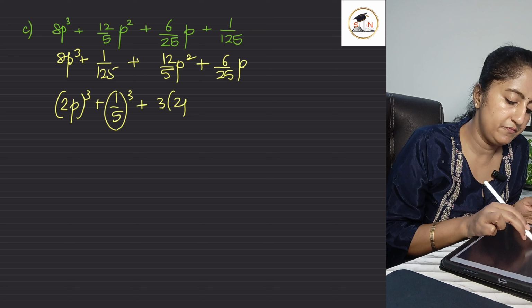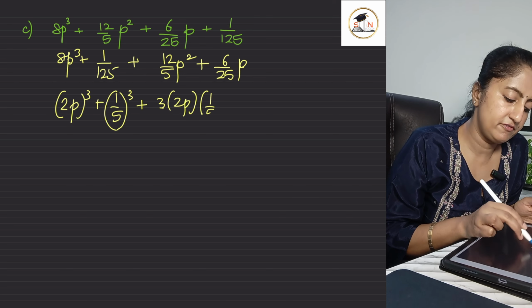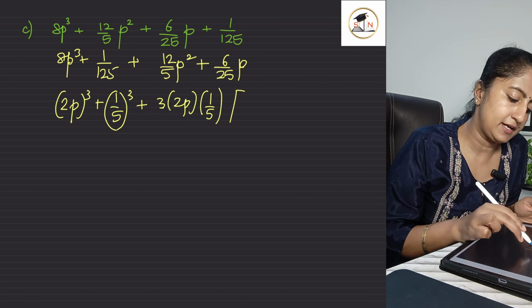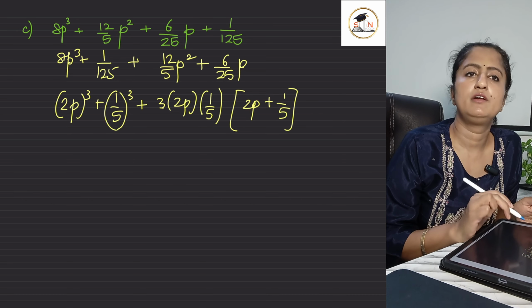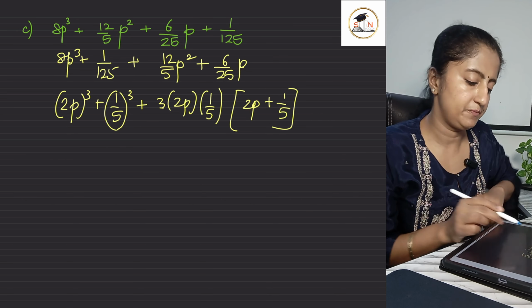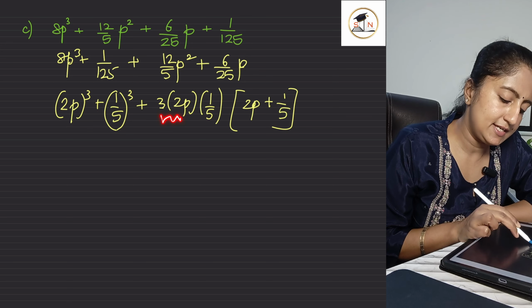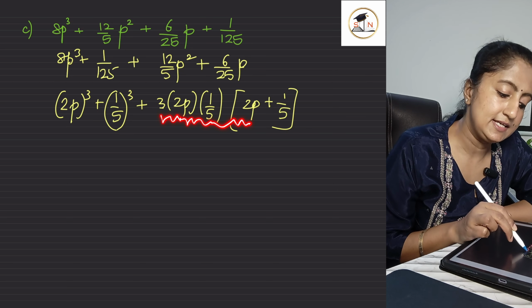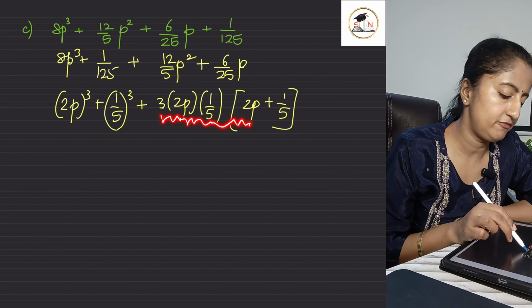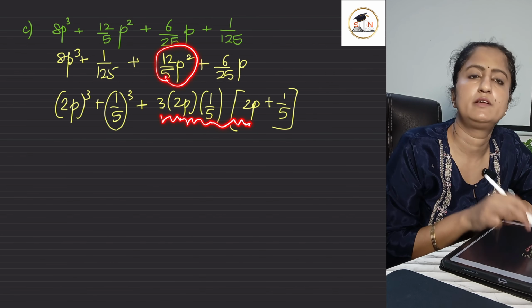3 times 2p times 1 by 5. In bracket we will have 2p plus 1 by 5, right? And now we will check. 2 into 3 is 6, 6 upon 5 p into 2p, that is 6 into 2 is 12, p square by 5, and yes, right?